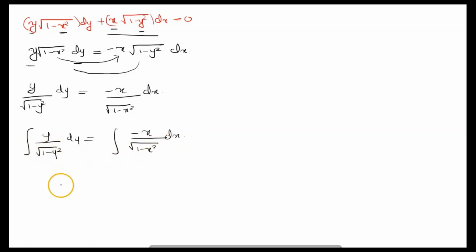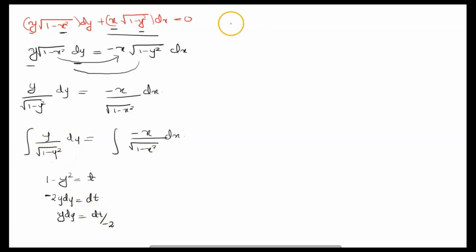This is the same function. Let's take 1 minus y square equal to t. Let's differentiate both sides. This is 0 minus 2y dy equal to dt. So y dy is equal to dt by minus 2.